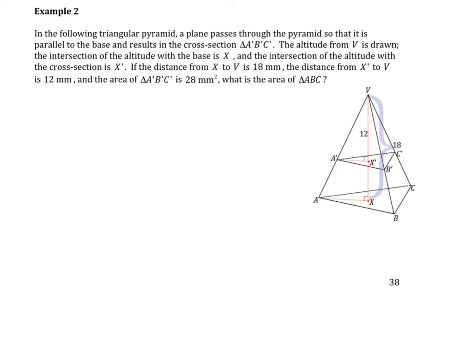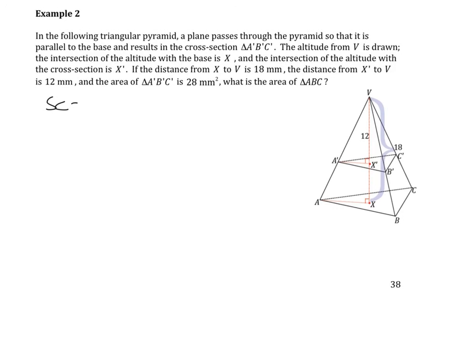Okay, so let's first dictate what the scale factor is. Because these two triangles are similar, and you could prove them to be similar by angle. We represent scale factor by a constant value k, and that's equal to 18 over 12, which reduces to 3/2.